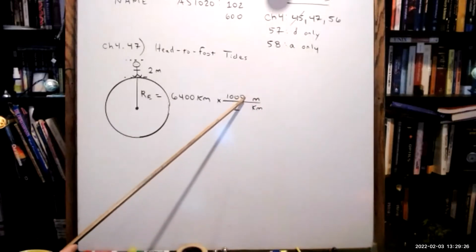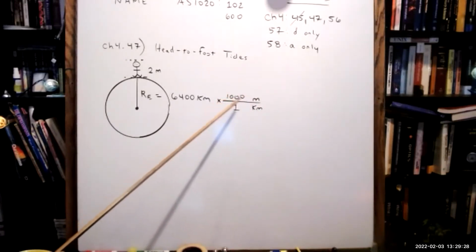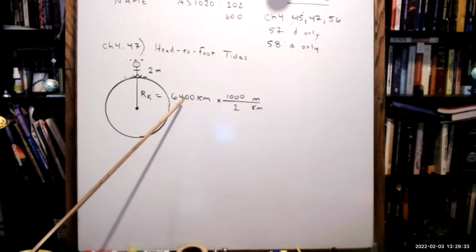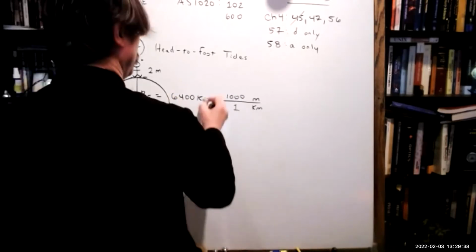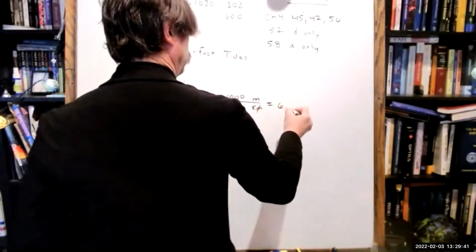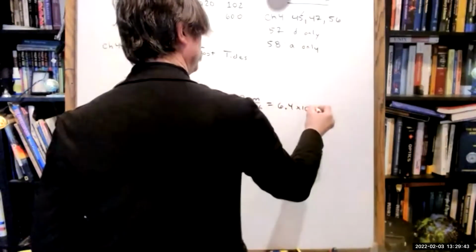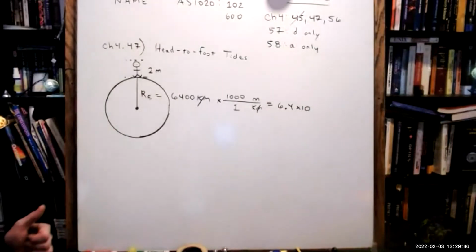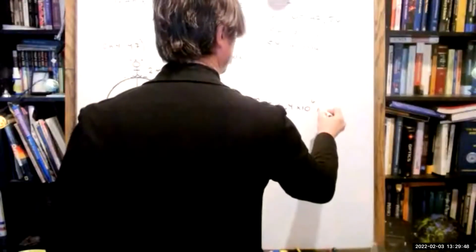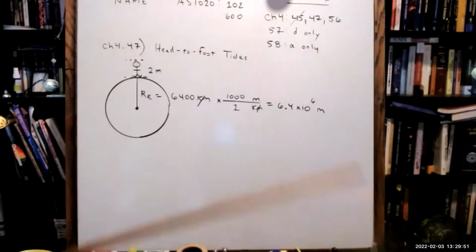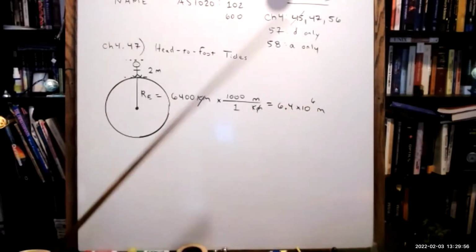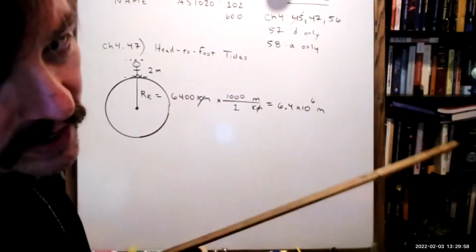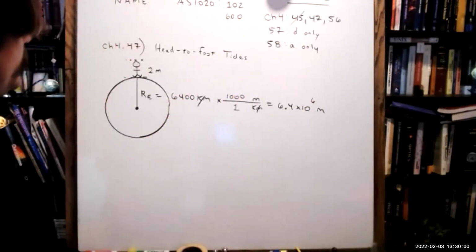Ready? 6. 3 and then 5. But then if we're going to move the decimal point, we should treat the 4 like a 0 too. Okay. So 6.4 times 10 to the 6th meters. And here, 10 to the power of 6, what is that in plain English? Million. Right. So a typical man is 2 meters tall. The radius of Earth is 6 million meters tall.